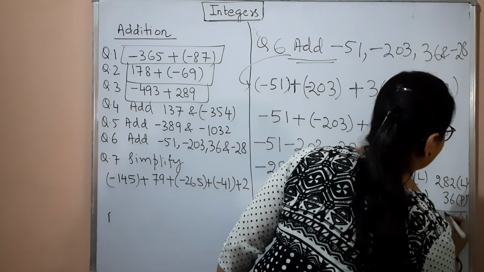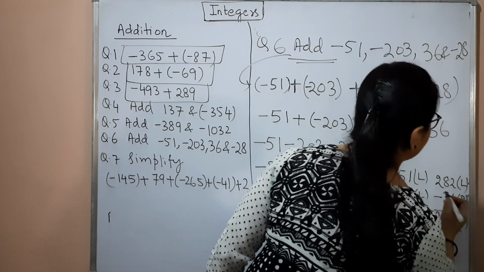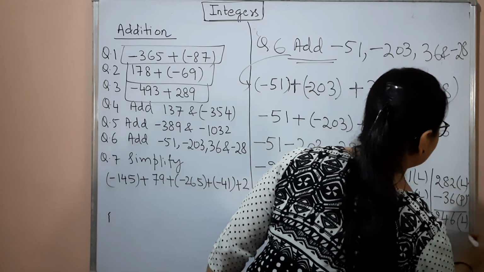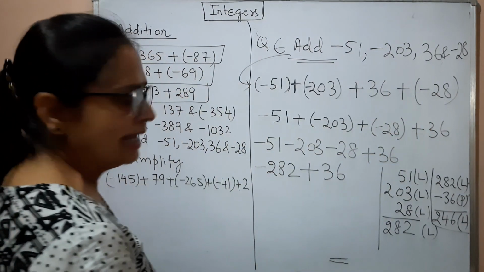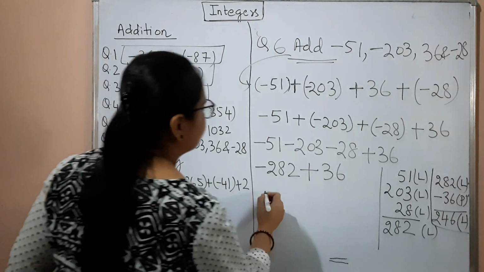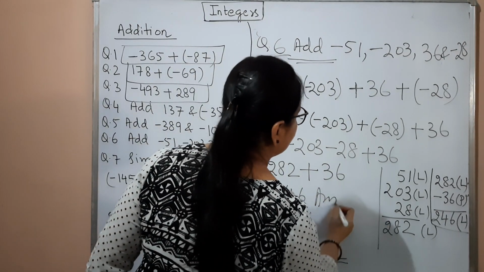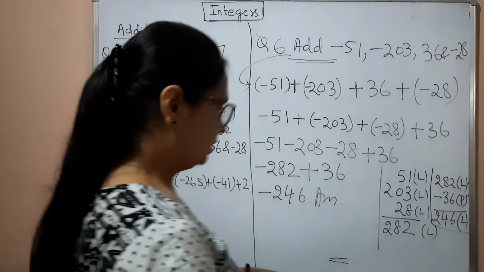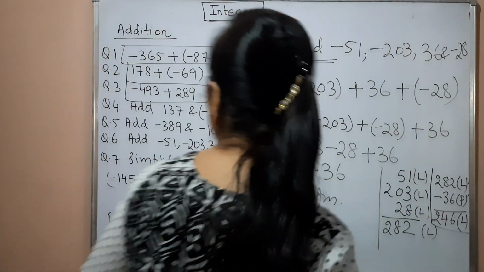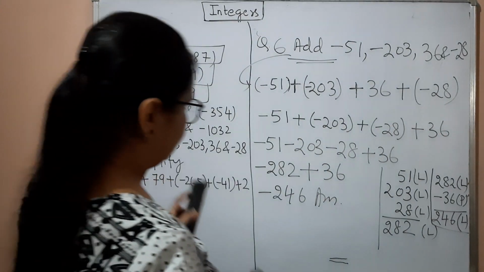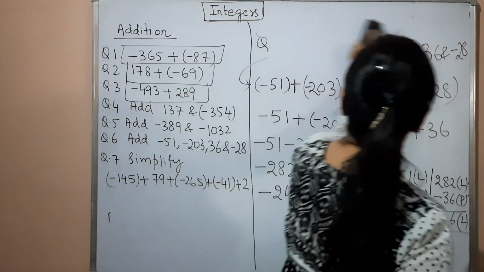It is 246. Reduce होने के बाद 36 आपने reduce किया, you got little less loss, which is minus 246. This is your answer, right? So this was question number 6. Let us do the last question, question number 7.